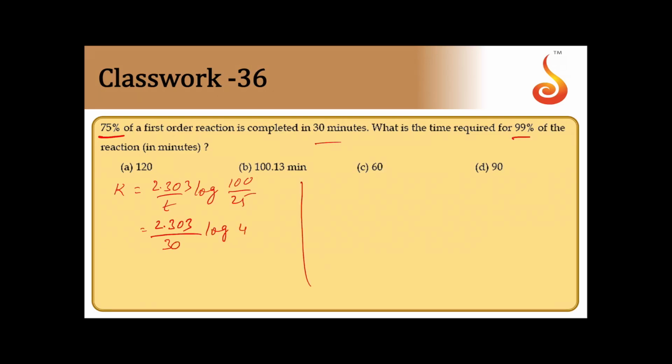Now for 99%, K is equal to 2.303 by T into log of 100 by 1, since 99% completes means only 1 remains. So log 100 is equal to 2.